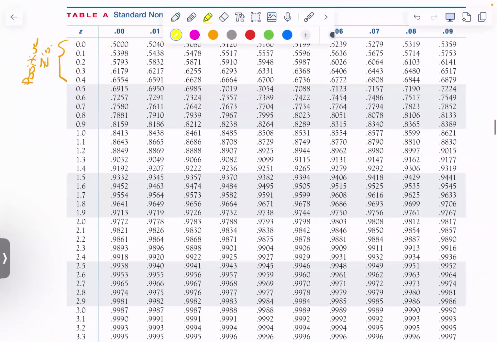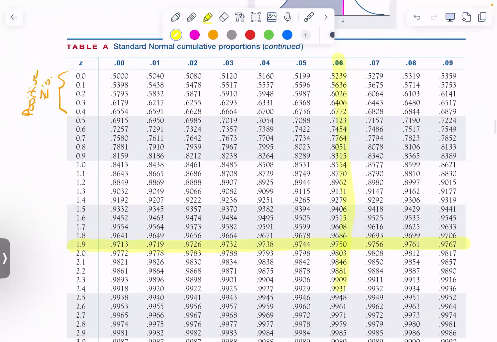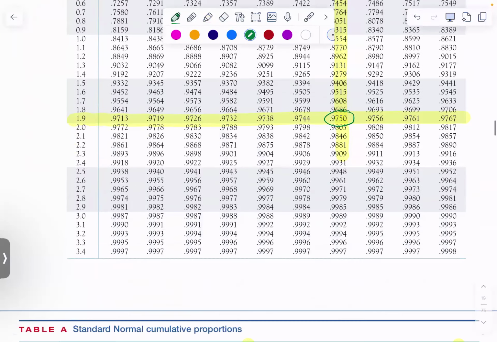Hey, wait, that's the area to the left, right? So it's always giving you the area to the left. And so now the area to the left of the point is 0.9750.